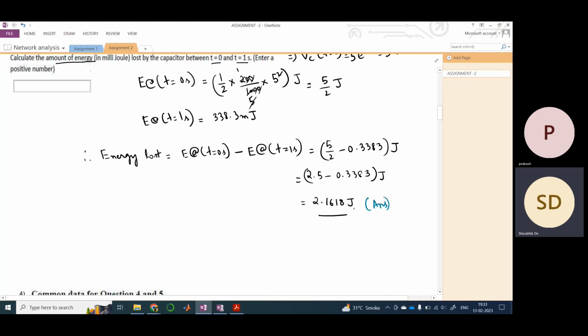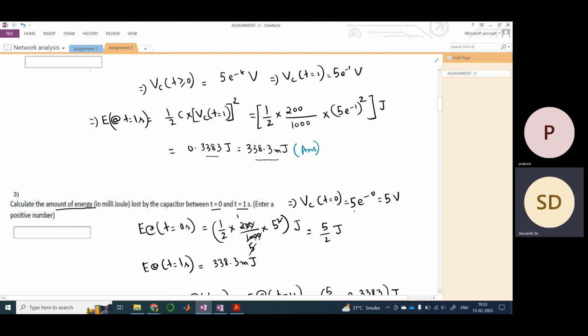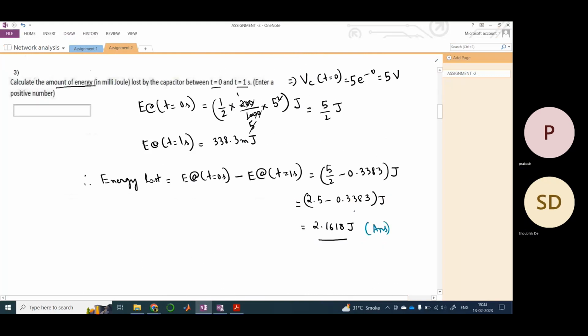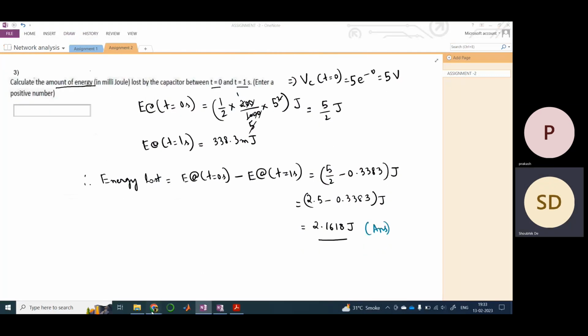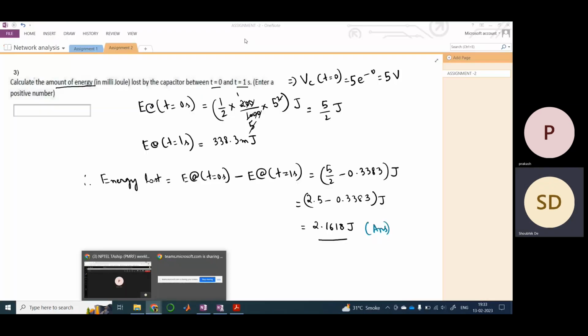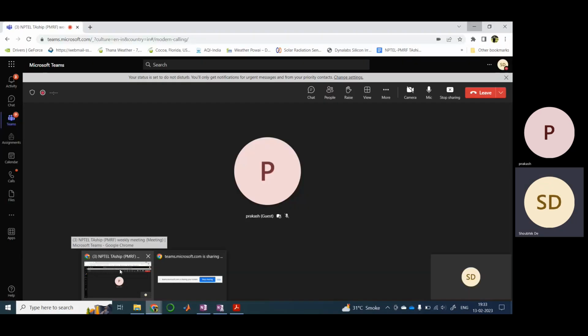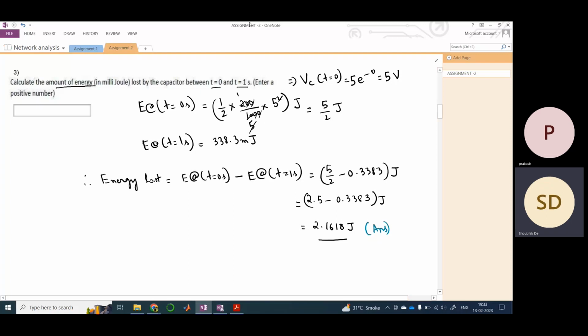So this is a pretty simple problem, you would be easily able to solve this. I hope this is clear. If you have any doubt, you can speak out, Prakash. I'll wait for 1 minute. Otherwise, we'll proceed to the next problem.